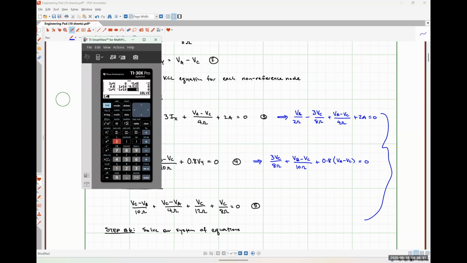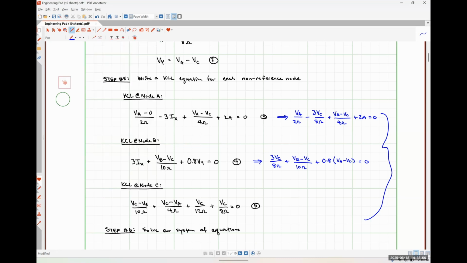So let me put all that in. And my constant term is 0. And so now, if I press enter again, it should solve this system for me.